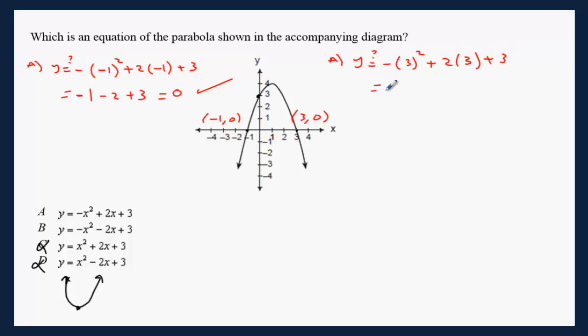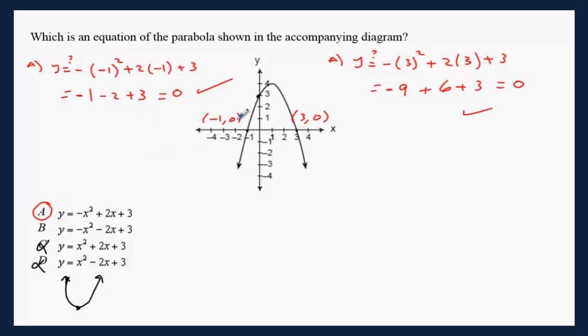That's -3 squared is 9, so -9, plus 6 plus 3. +6 and +3 is +9, minus 9 equals 0. So that is working, which tells us that choice A is the correct choice.